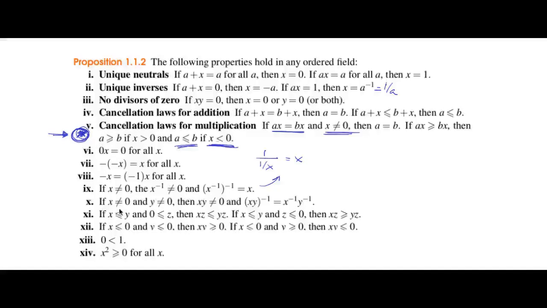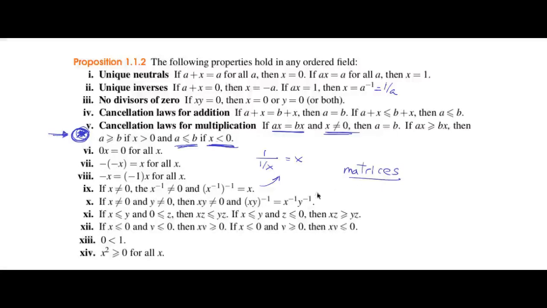Now 10, if x is different than 0 and y is different than 0, then x times y is not 0. And the inverse is the product of x to the minus 1 times y to the minus 1. This is important, for instance, when you have matrices. You will deal with this in linear algebra.